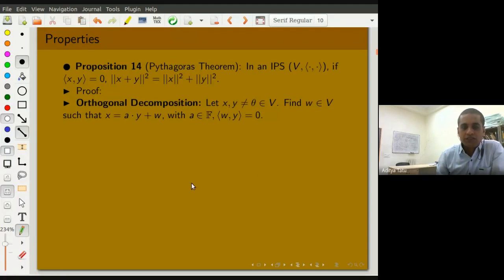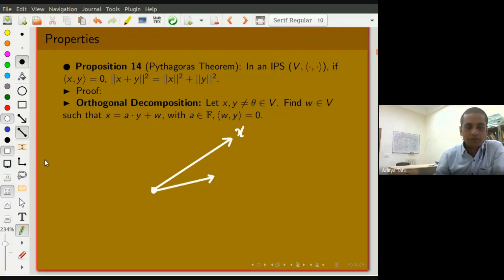What we are doing here is, if I give you this vector x, and if I give you another vector w, can I decompose x into a vector which is along w and a vector which is orthogonal to w?